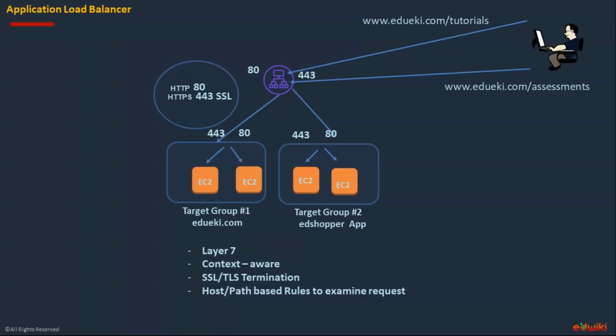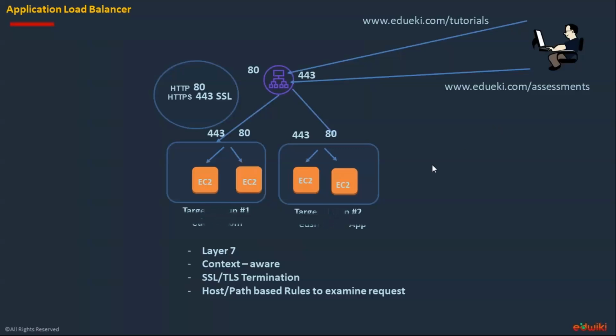The end client is accessing the same website in this case. The website is the same, but if you see the slash, they are probably using different features. One is a tutorial feature in the same website, the other one is the assessment feature in the same website, right?